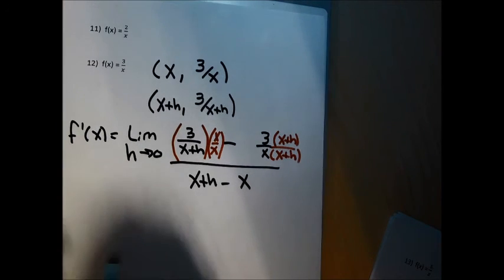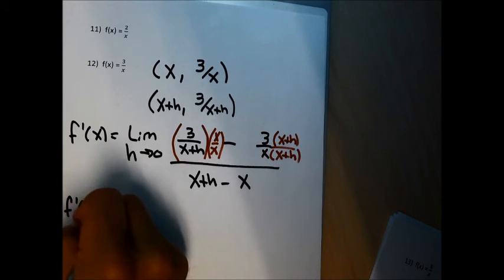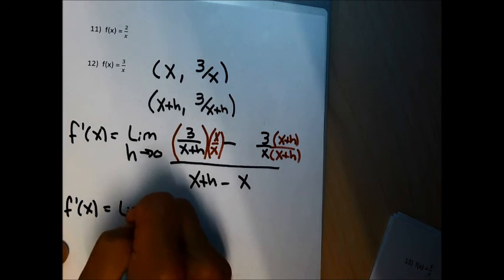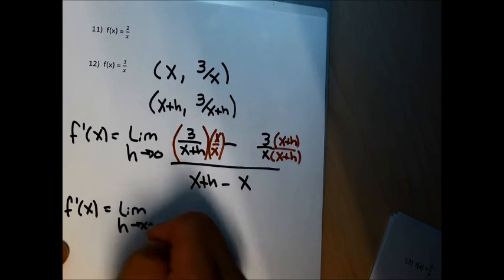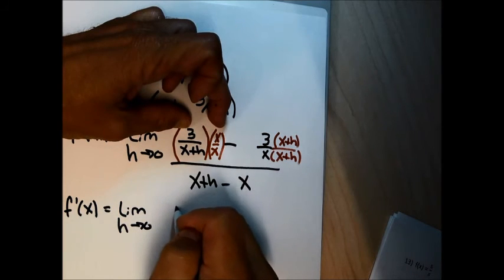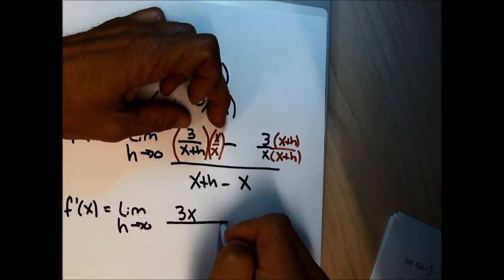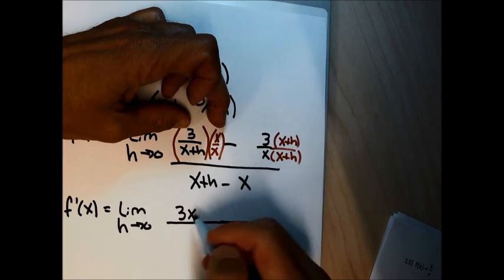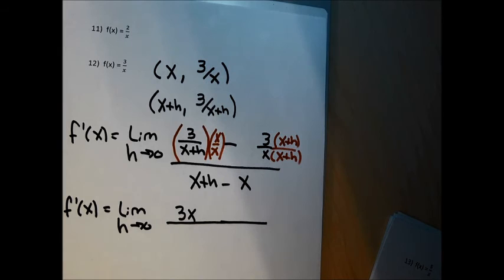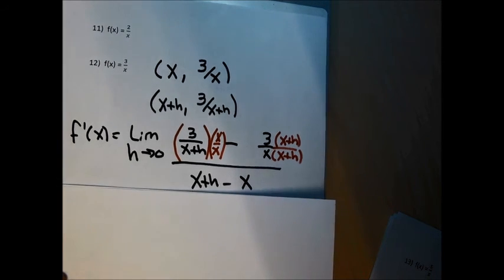So this is going to give me f prime of x equals the limit as h goes to 0. When I go 3 times x, I just get a 3x. Let me get a little carried away with that line. Let me clean that up.